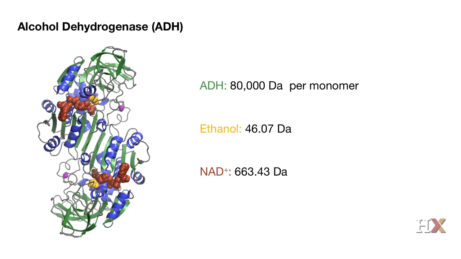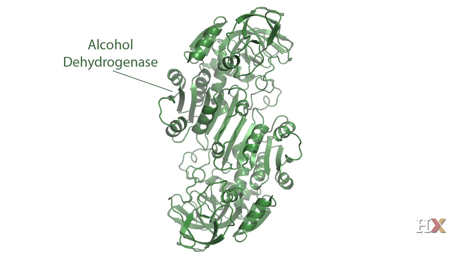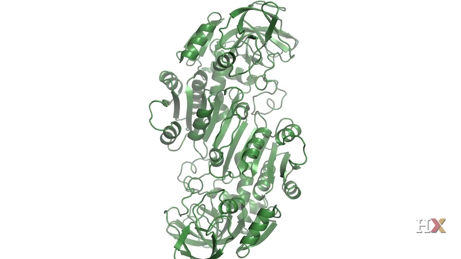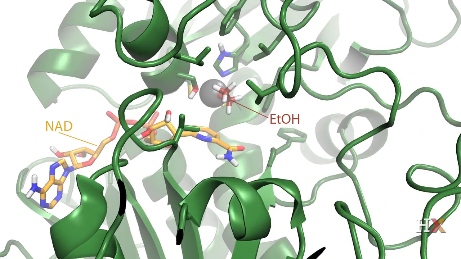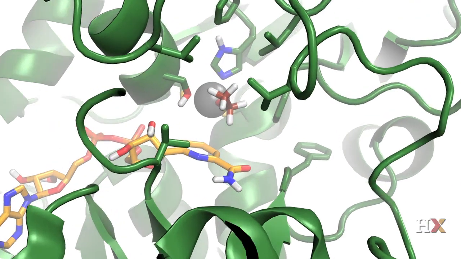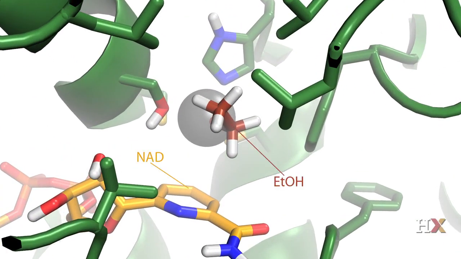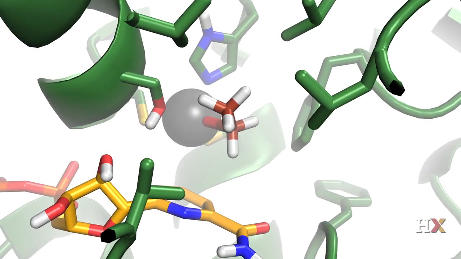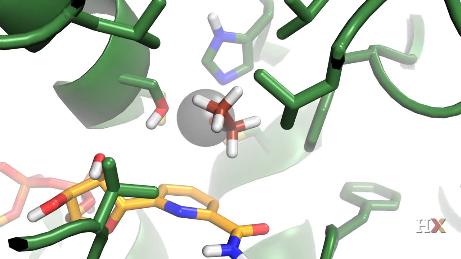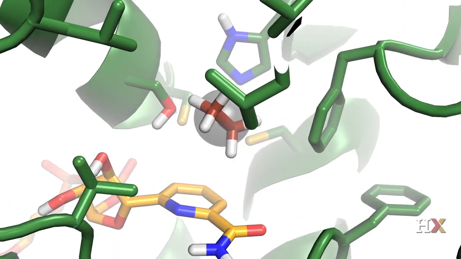If we take a closer look in this PyMOL simulation at the active site of ADH, where ethanol and NAD+ are bound, we see that there are about 10 residues that surround the pocket where the two substrates are bound. And out of these 10 residues, maybe only 2 or 3 contribute to catalysis.